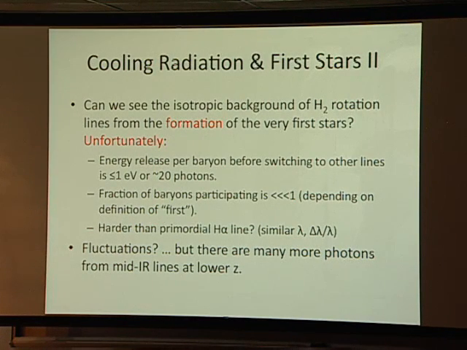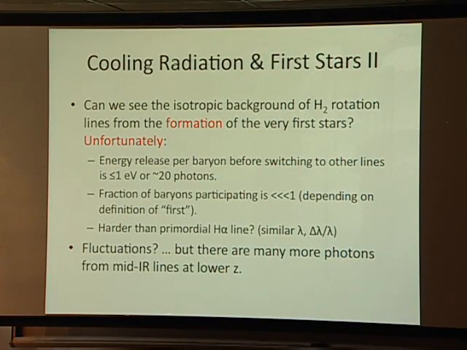You might then think about fluctuations from these primordial star-forming clouds. We talked about the isotropic background. There are also fluctuations. But once again, the number of photons involved is small compared to those involved in the foregrounds, which are all the other mid-infrared lines from somewhat lower redshift.